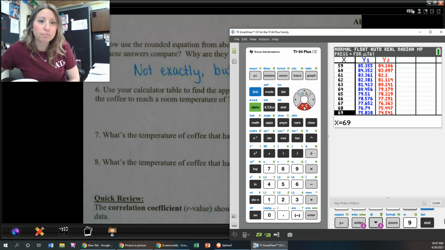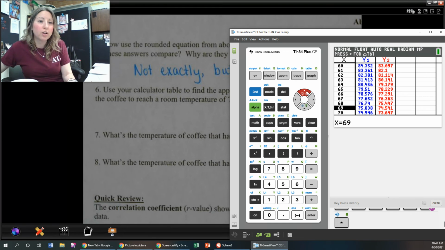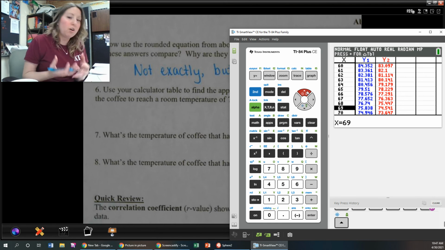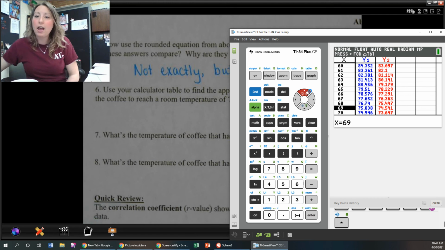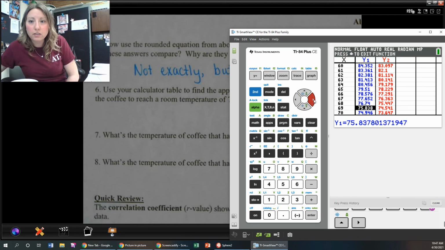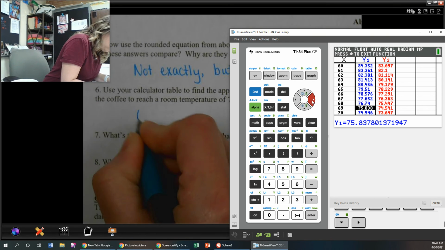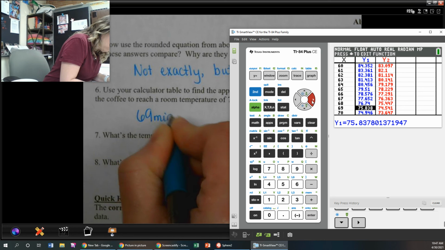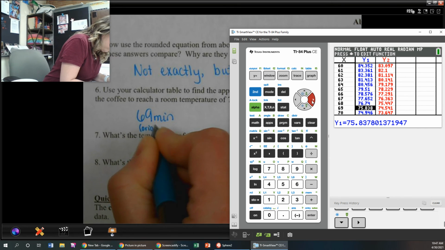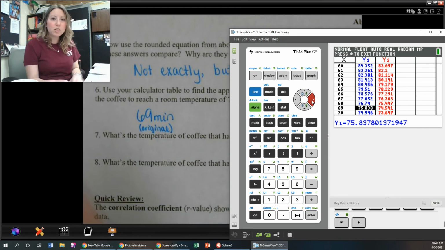Look at that. We do have a difference this time. So see where the rounded version does make a difference. If you're going with the version of our exponential function that has all of its pieces, we get below room temperature, at or below room temperature at 69 minutes, with the original regression equation, right?